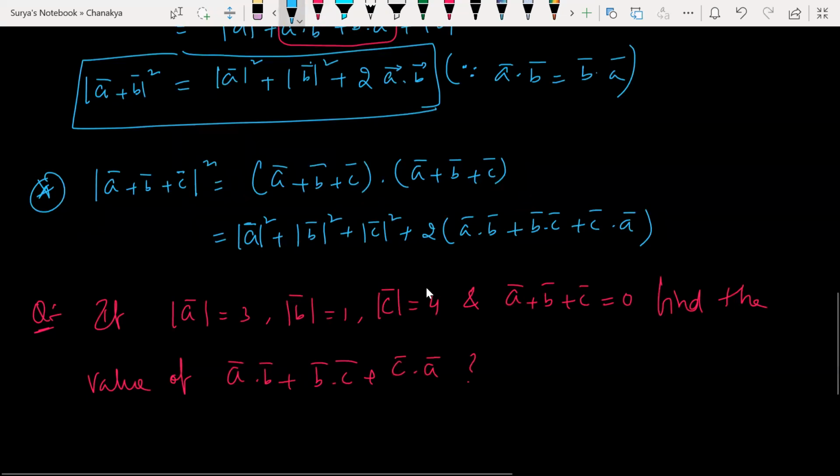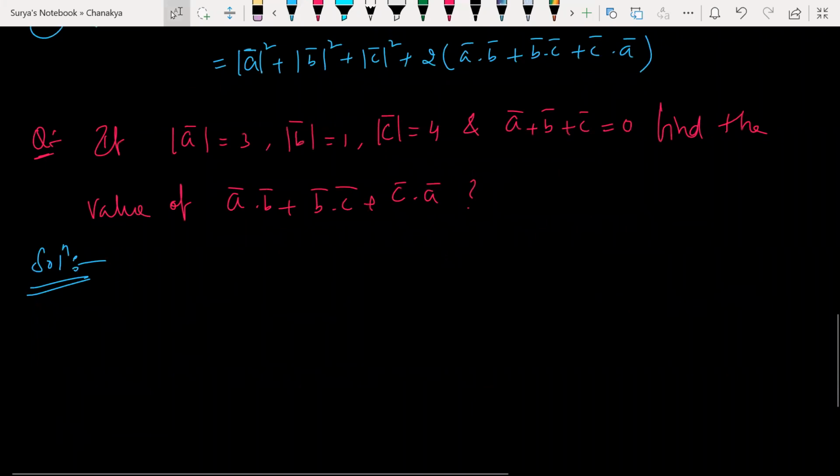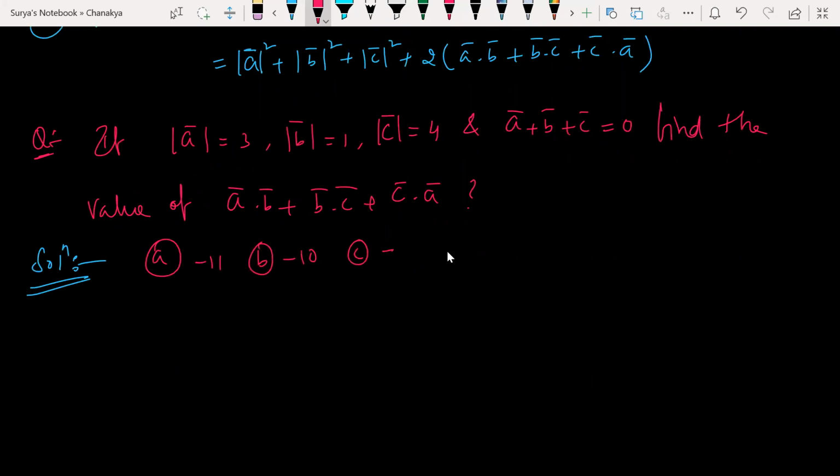What is the answer of this? Is it clear? Like, this is a JEE type of question. So option A minus 11, option B minus 10, option C 11, option D minus 13. So this is what the case here.